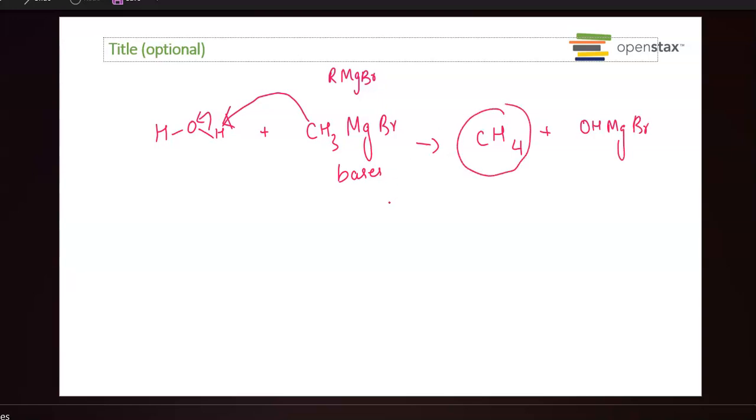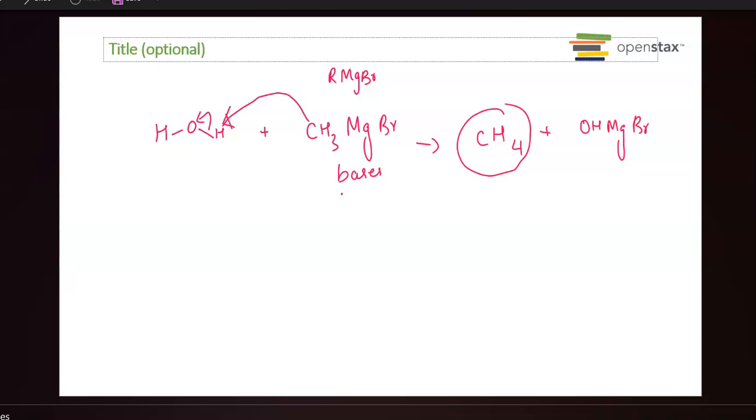So you end up with the formation of methane. That means if you are not careful to remove any proton source from your reaction mixture, then the Grignard's reagent will be rendered inactive. It changes into a hydrocarbon, and then it may not be very useful for us.